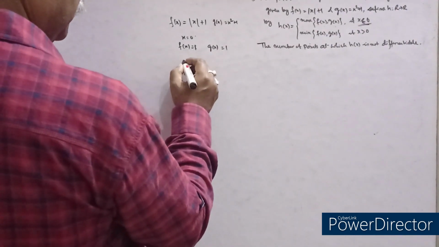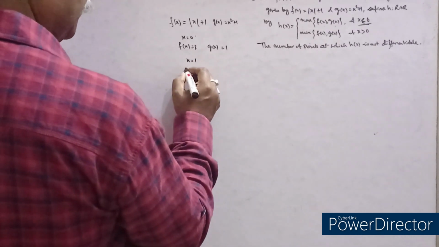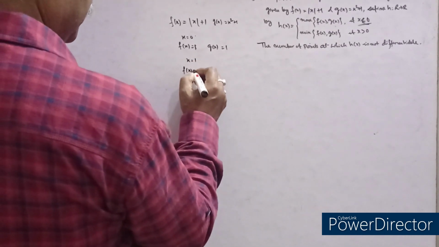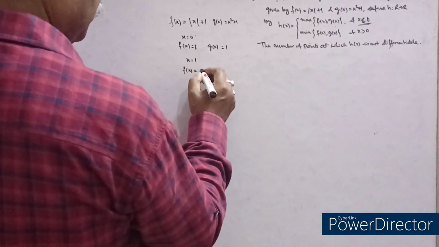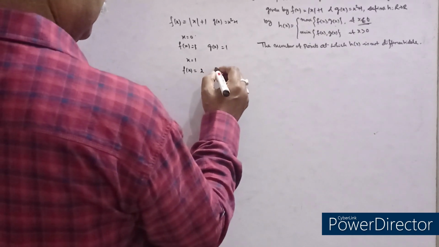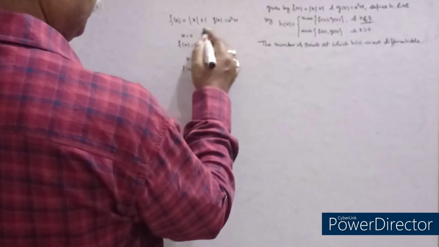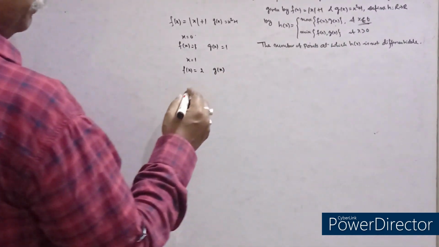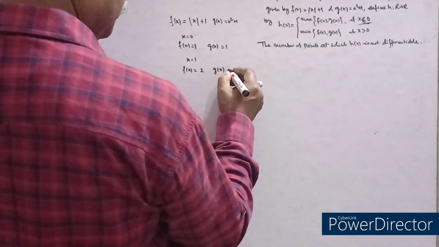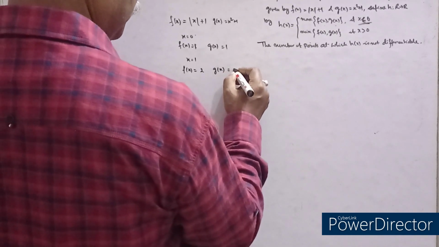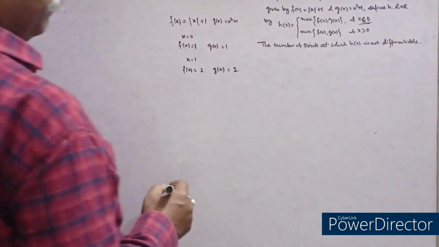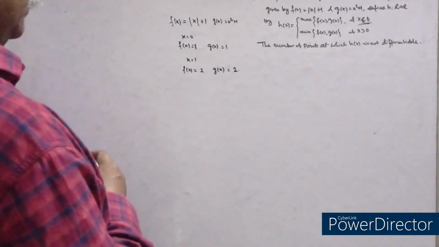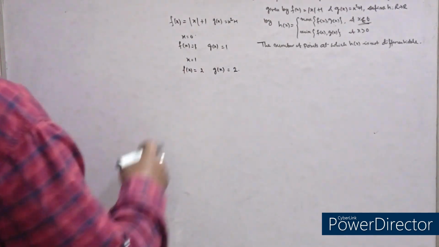And for x equal to 1, here you find that f(x) is equal to 1 plus 1, that is 2, and your g(x) is also 1 plus 1, that is 2.